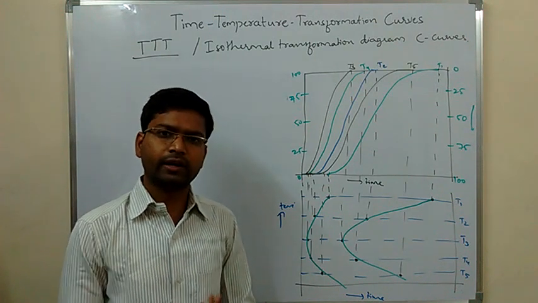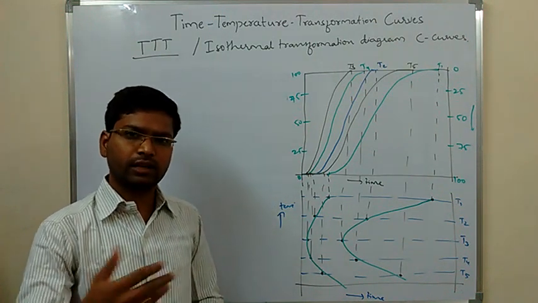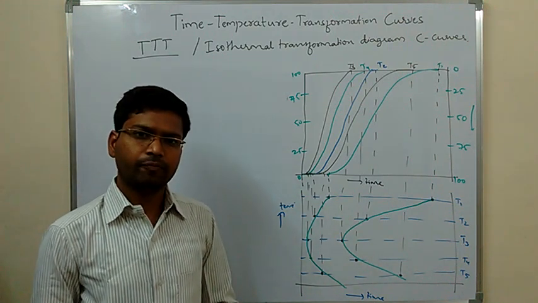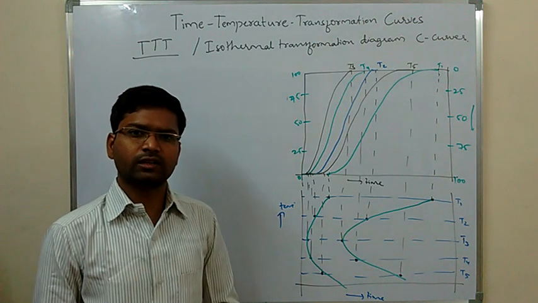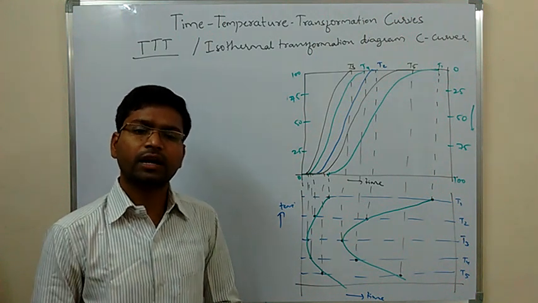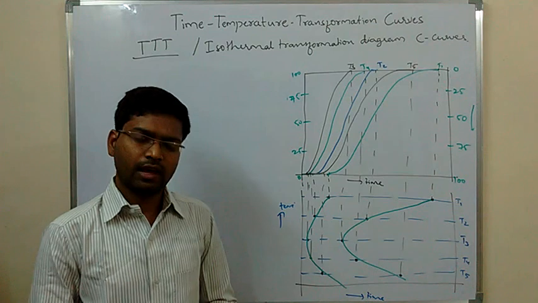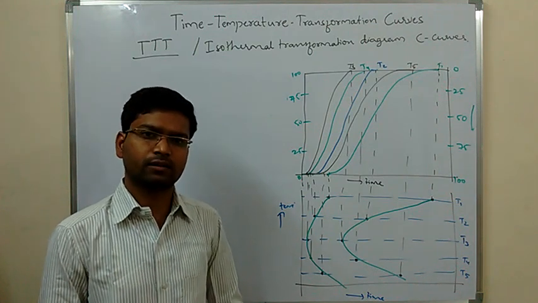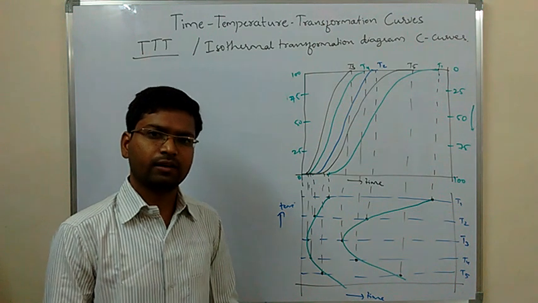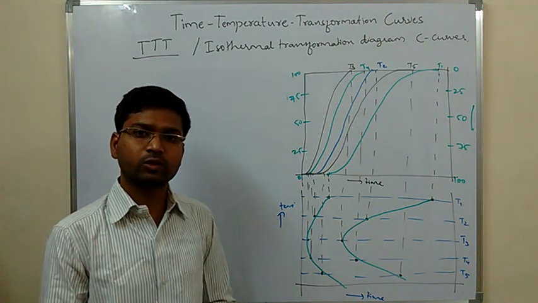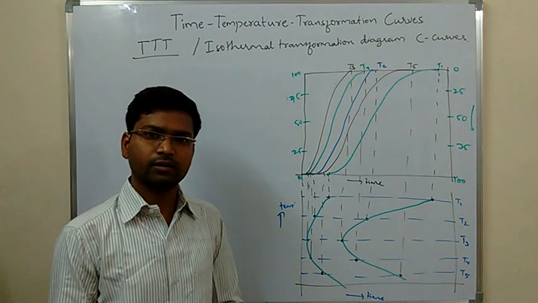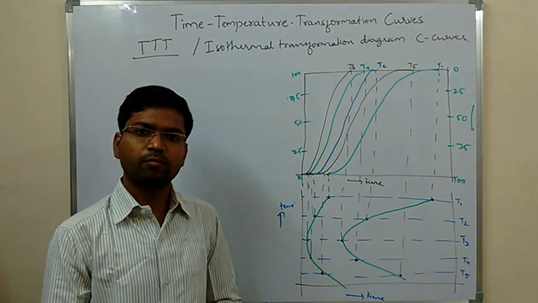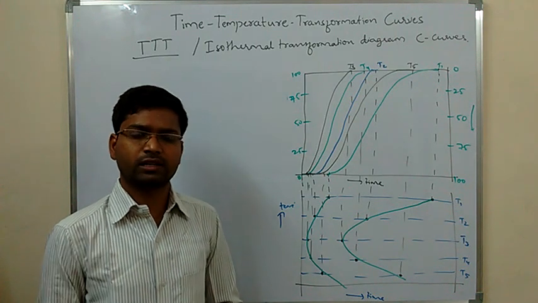During heat treatment, whenever the samples are heated in the austenitic region, and if you do sudden quenching in water, we will get the martensitic structure. Again, if you do oil quenching, we will get the fine pearlitic structure. Again, in furnace cooling, annealing, we will get the coarse pearlitic structure.